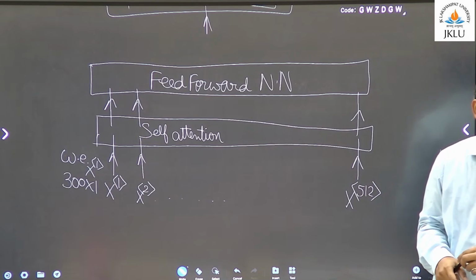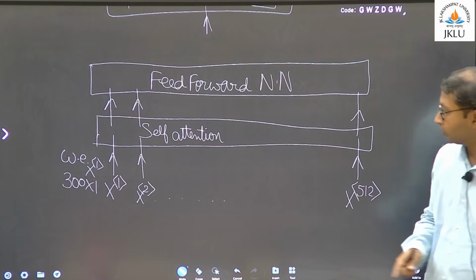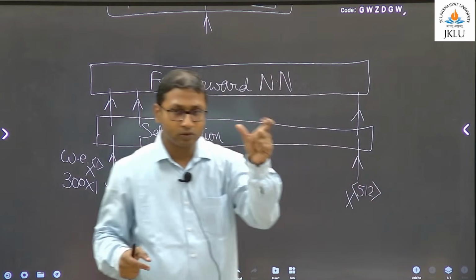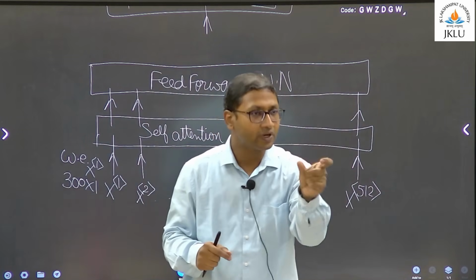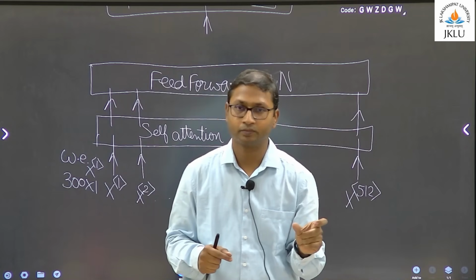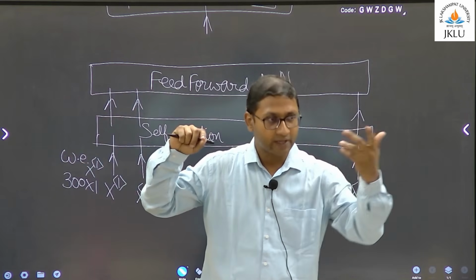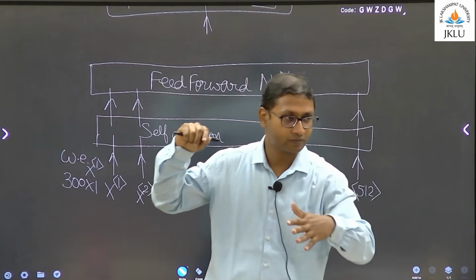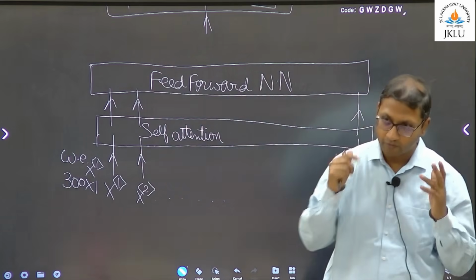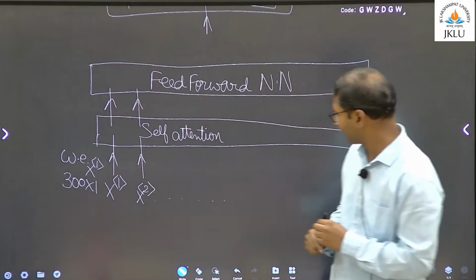Token? Word embedding? No. Right now you are calling a word a token. Later we will fix it, because they actually bring it to the subword level. So when we talk about BERT, we'll fix it very concretely.